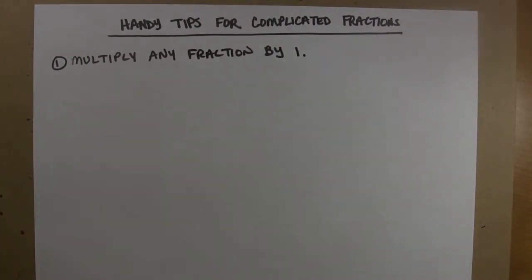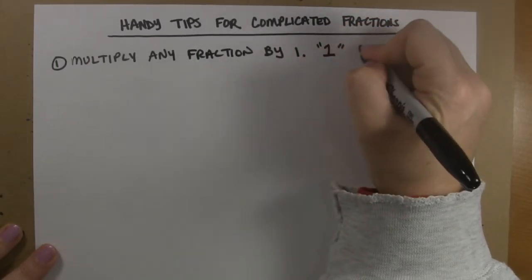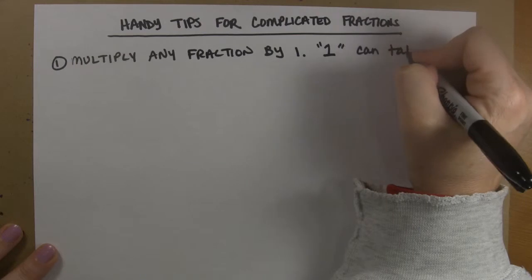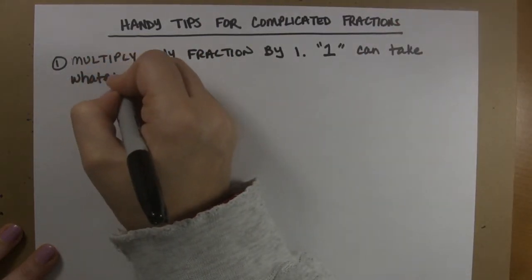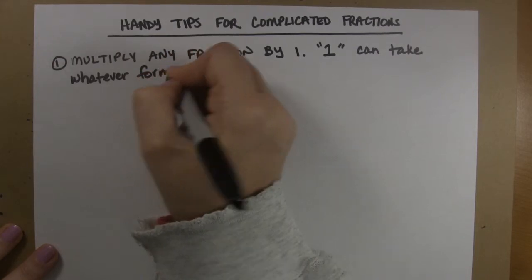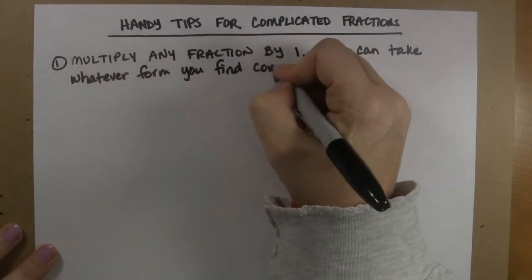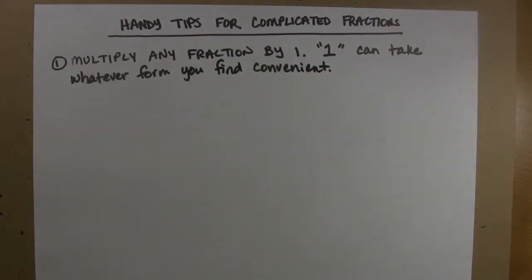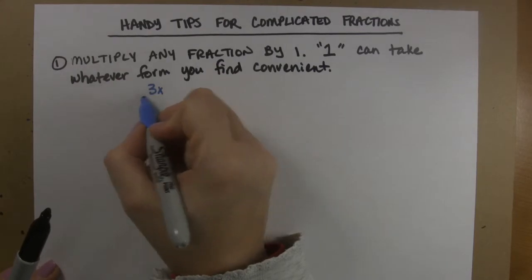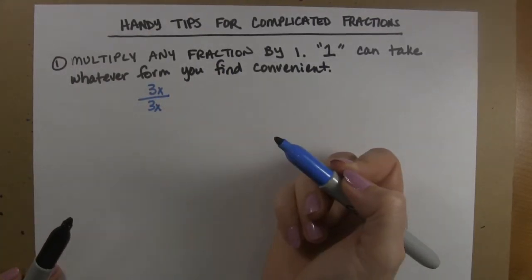Now I know that probably seems obvious to you, but here's the second point: 1 can take whatever form you find most convenient. So, for instance, you could multiply your fraction by 3x over 3x, and that's the same thing as 1.